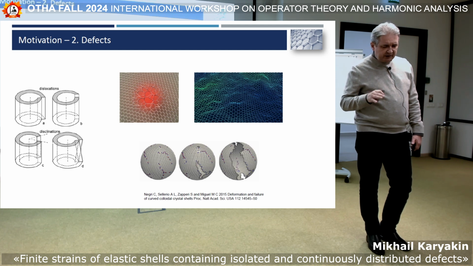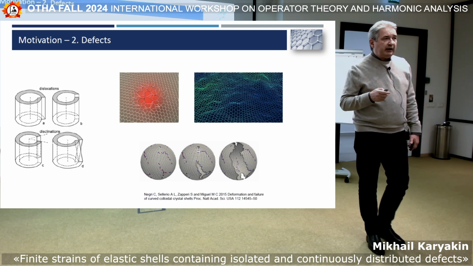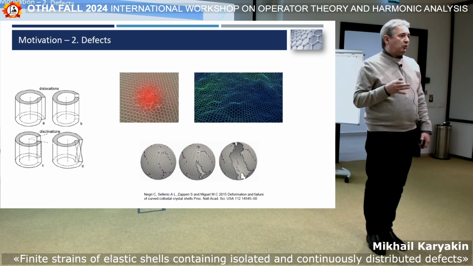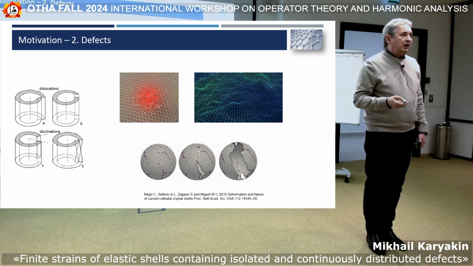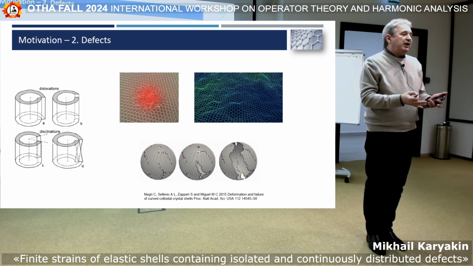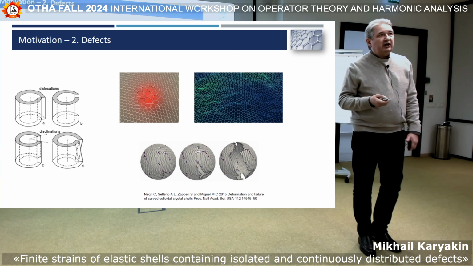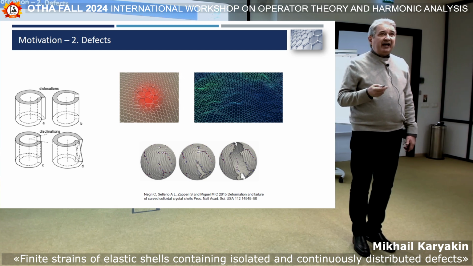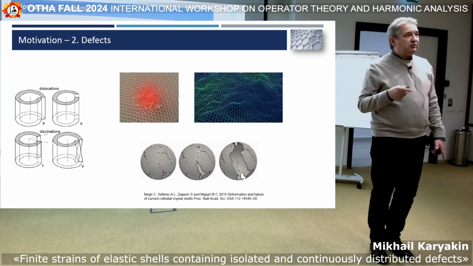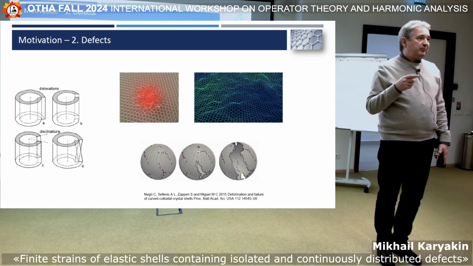Approximately in the 1940s, physicists were trying to explain the big difference between the theoretical prediction of the strength of material and the real experimental observation of this strength. The difference was 3 orders, so a factor of 1000 between the theoretical prediction of the strength of some object and the strength that this object shows in the real experiment. They introduced the idea that the crystal lattice is not ideal and has some defects.